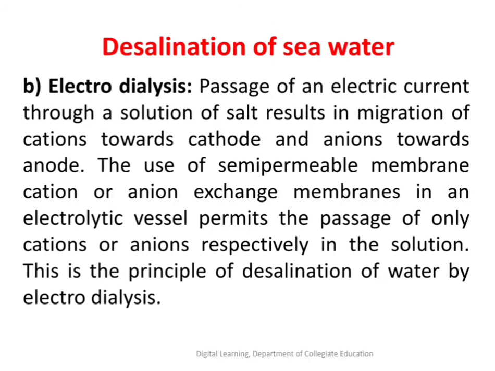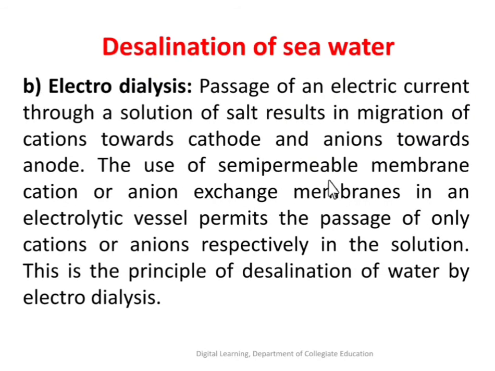The passage of an electric current through a solution of salt results in migration of cations towards the cathode and anions towards the anode. Cations are positive ions, which are attracted towards the cathode, the negatively charged electrode. Anions are negative ions, which are attracted towards the anode.